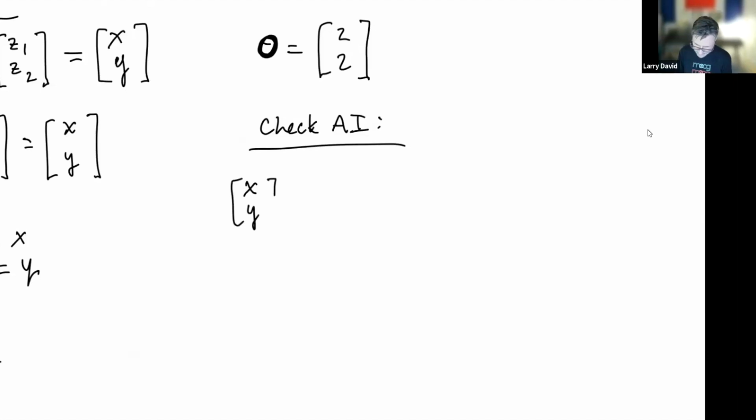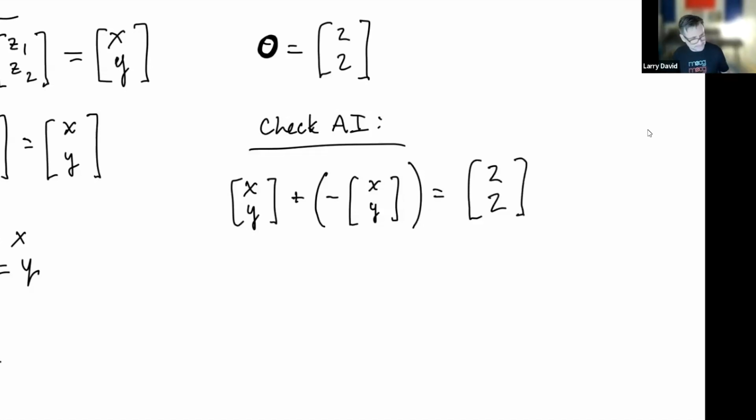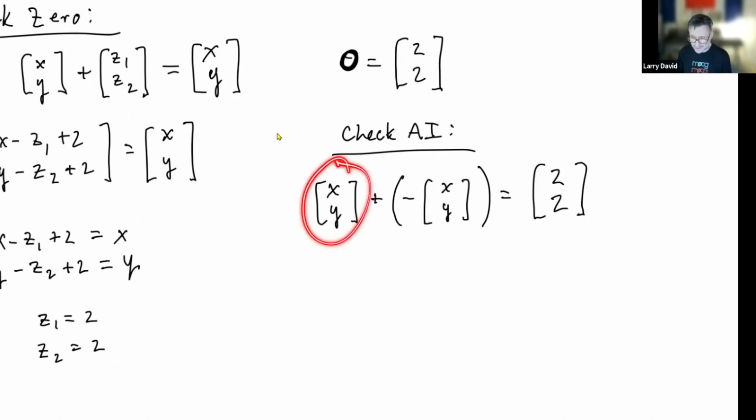Okay. So we'll write down the additive inverse axiom. Notice I've chosen xy again as an arbitrary vector. And the additive inverse of that is this symbol.